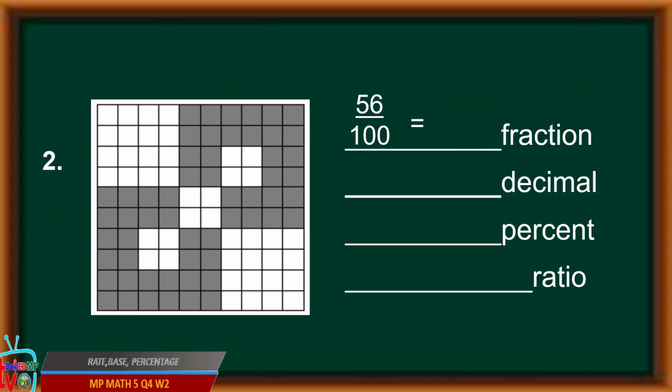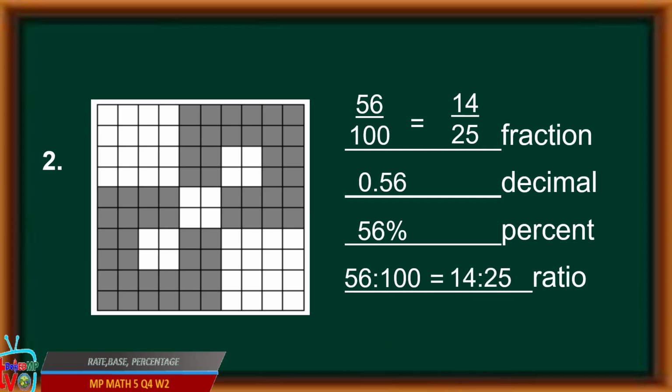So we divide both numerator and denominator by 4. So we have 14 over 25. The decimal is 56 hundredths and the percent is 56%, and the ratio is 56 is to 100 or 14 is to 25.